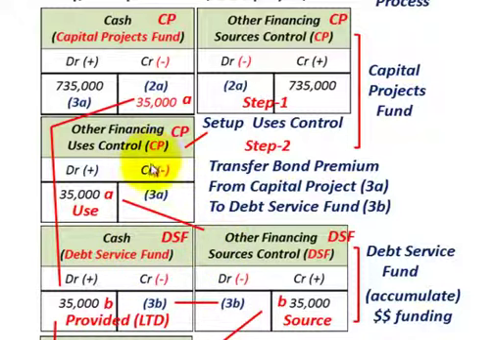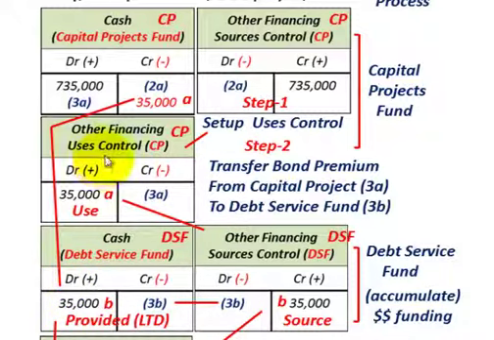All right, so now let's look at step 2, where we're actually going to make the transfer of the bond premium dollars from the capital projects fund to the debt service fund. In your debt service fund, you're going to set up the other financing sources control account, and you're going to credit it for that bond premium of $35,000. Along with that, the debit is going to go to increase your cash for $35,000.